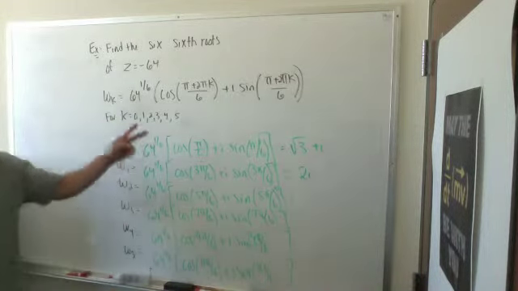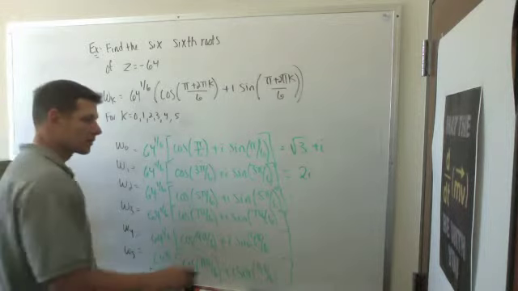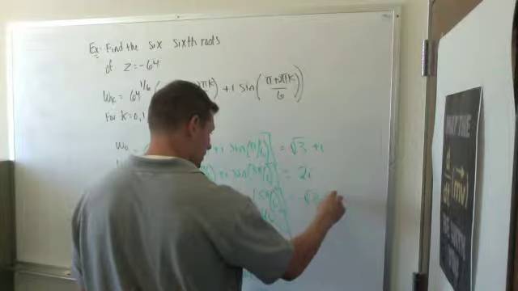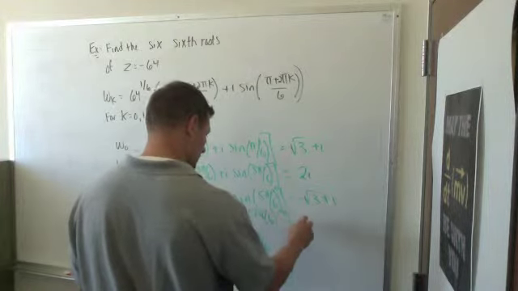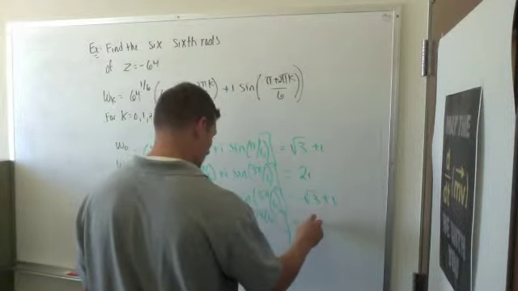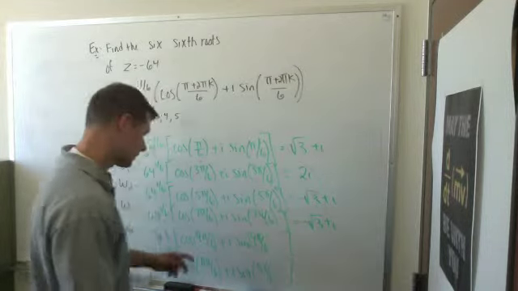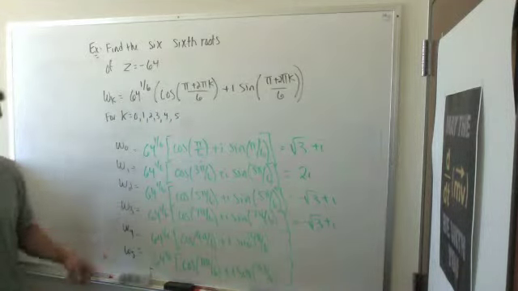So then after I calculate these values, I think this one, I think you get negative root 3 plus i. Again, I think this is the same value. Negative root 3 plus i.